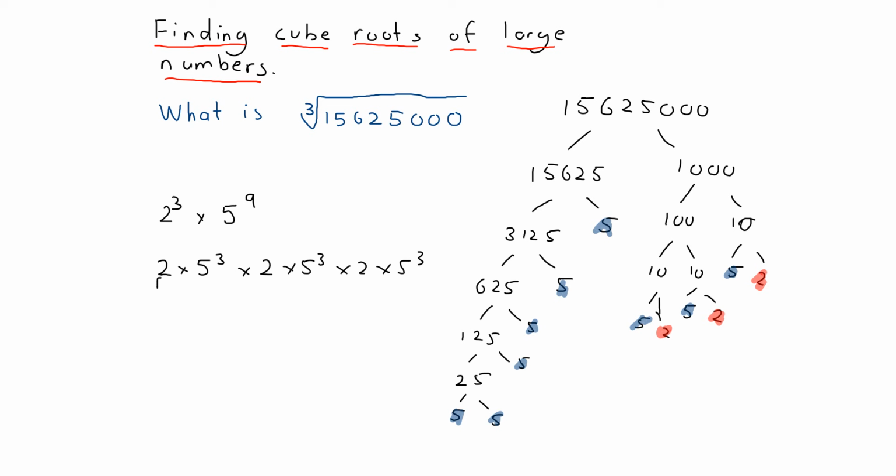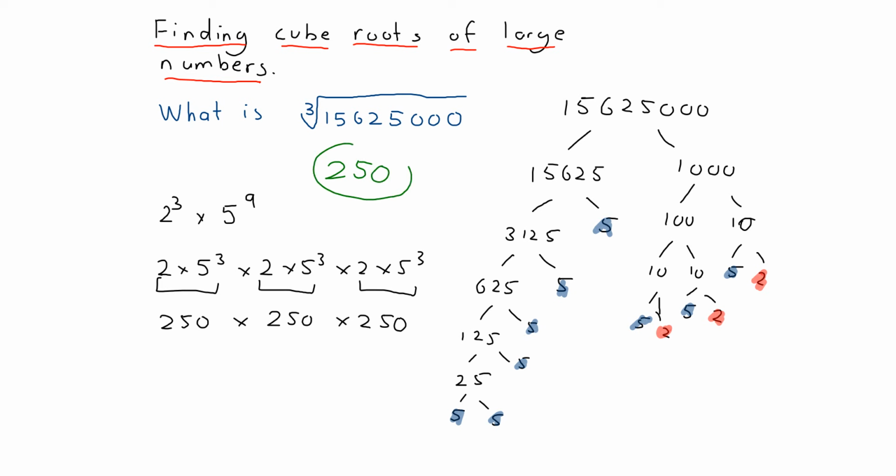And you can see there's 1, 2, 3 things I'm timesing together, and 2 by 5 cubed, of course, is 250, but the easier way to work it out is go 2 by 5 is 10, and then 5 by 5 is 25, and 25 by 10 is 250. And there we go, guys. We've got the answer. The cube root of this is equal to 250. Giant cube root, no calculators needed.